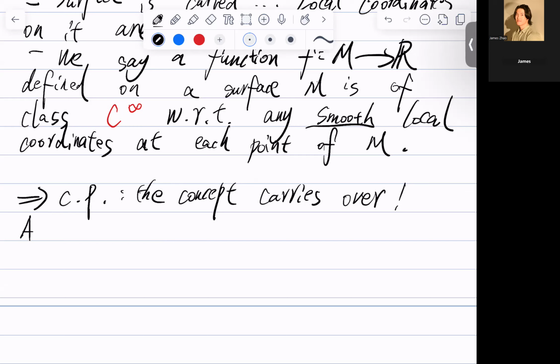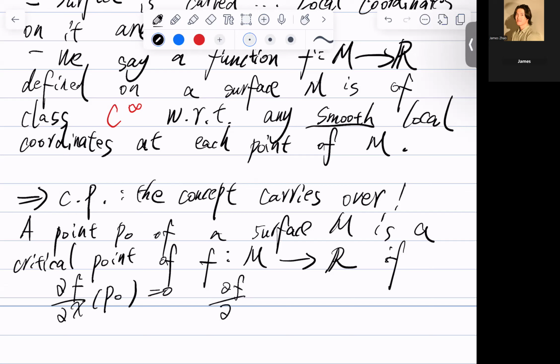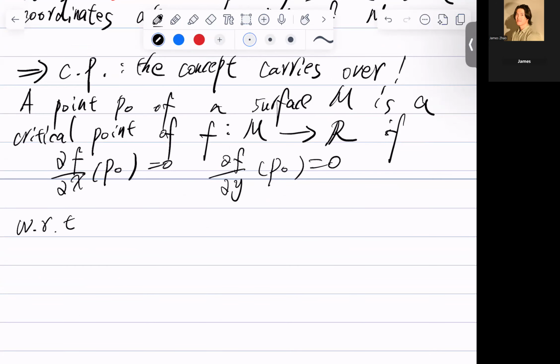A point p naught of a surface M is a critical point of f that maps from M to the real numbers if we have the following: the partial derivative of f with respect to x at p naught equals 0, and the same with the partial derivative with respect to y at p naught, with respect to the local coordinates.